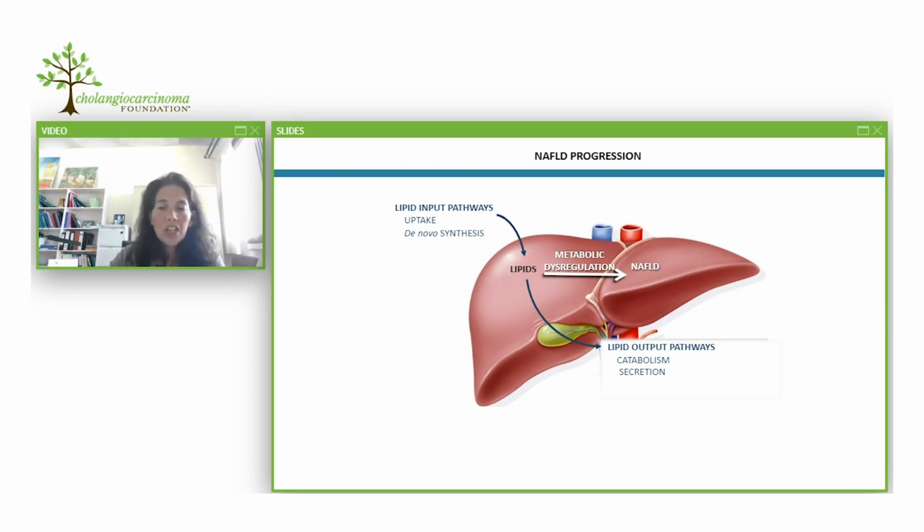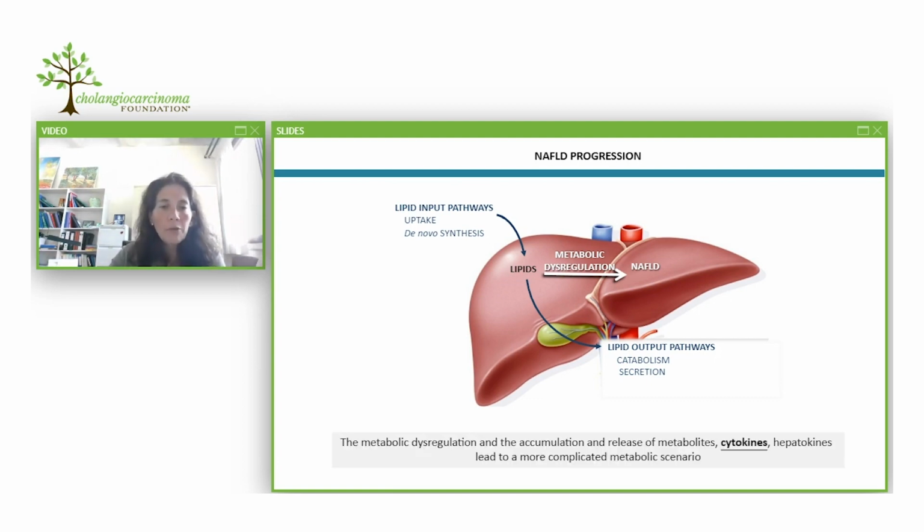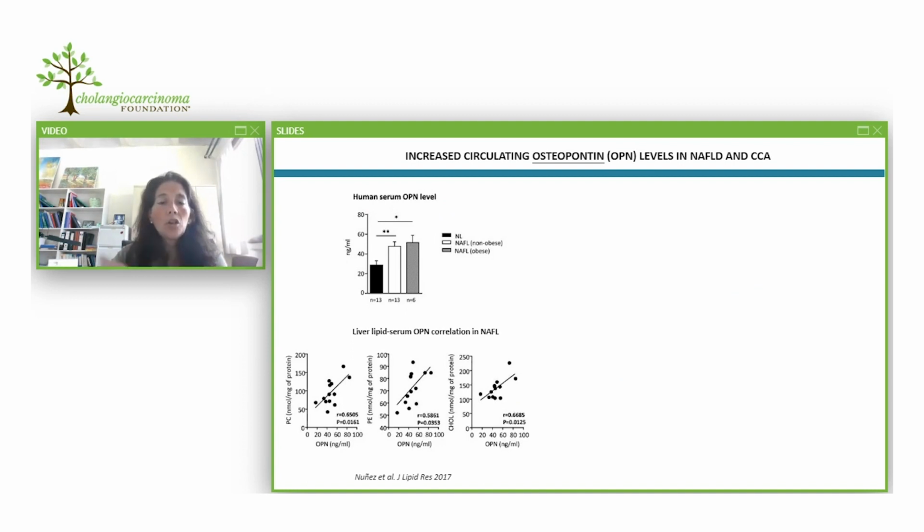NAFLD pathogenesis starts as a misbalance between pathways that control lipid input and lipid output in the liver. As a consequence, new compounds, lipotoxicity coming from those compounds, new metabolites, cytokines, and hepatokines will be released, leading to a more complicated metabolic scenario. And this is the case for osteopontin.